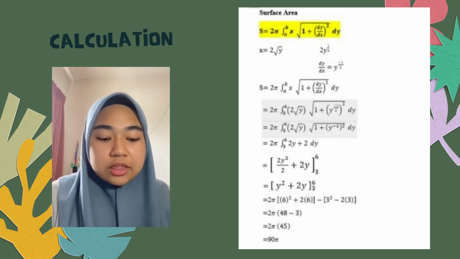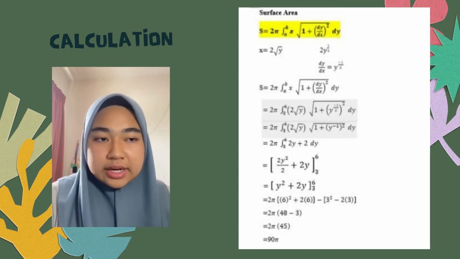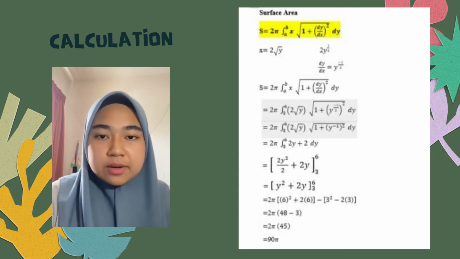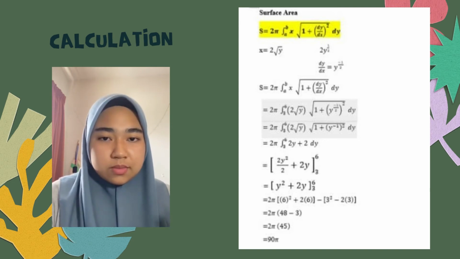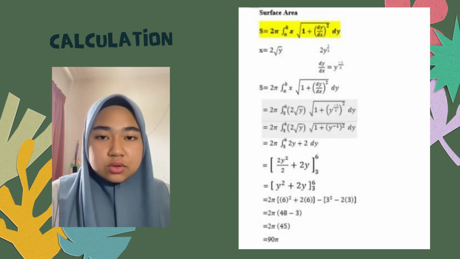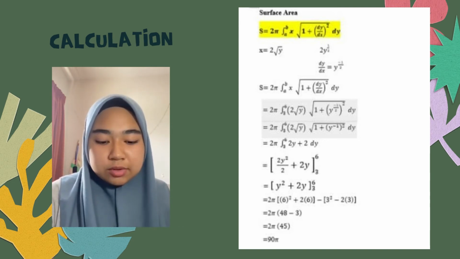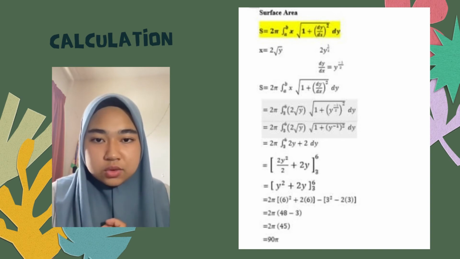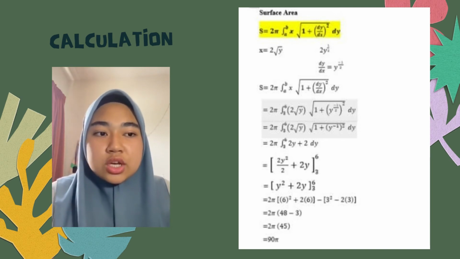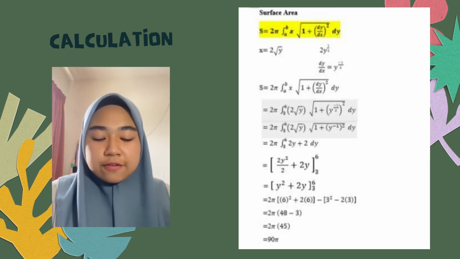What is the formula? The formula is 2 pi integrate x square root of 1 plus dx per dy to the power of 2. So you have to substitute both that I mentioned just now, which are the x equation and the differentiation of the x equation, into the formula. When you have substituted, you can calculate it easily for this question.